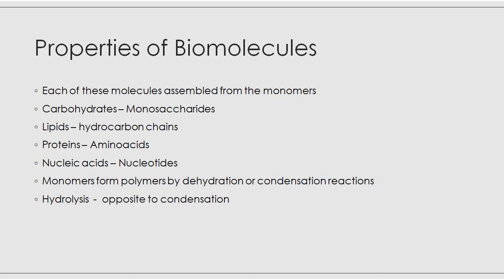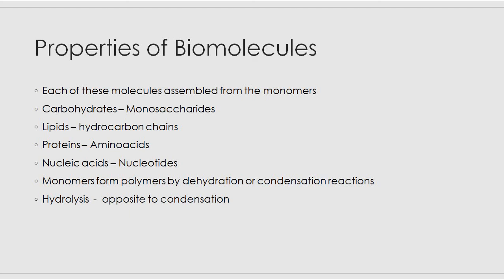Then the important property of these biomolecules is that they are all formed from single monomers. Many single monomers build together, assembling, and finally form a polymer or a biomolecule. For example, if you take carbohydrates, the building block for a carbohydrate is a monosaccharide.